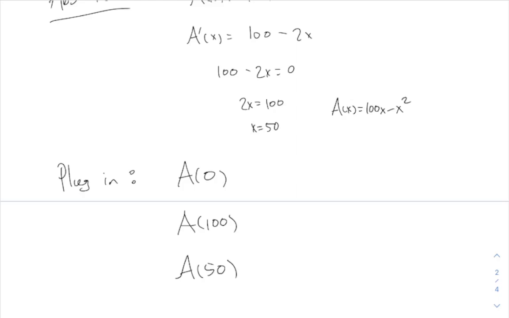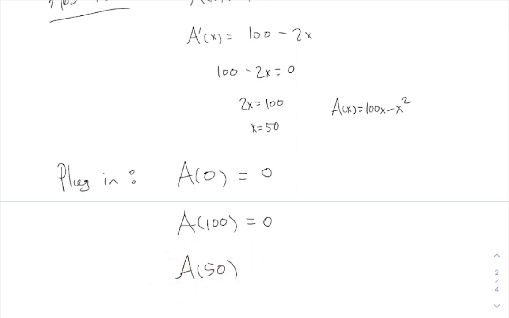If x is 0, then the total area is going to be 0. And also if x is 100, then the y will be 0, and so the total area will be 0. These two both give you 0. You can calculate those values in the formula, or just use common sense geometry. Those areas have to be 0 when either the x is 0 or the x is 100, making the y 0.